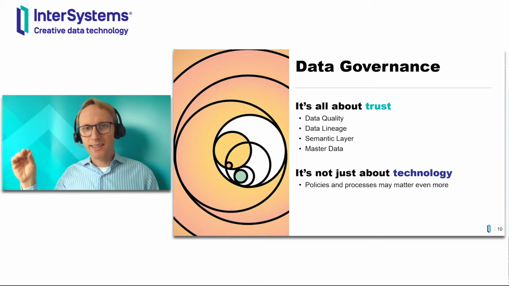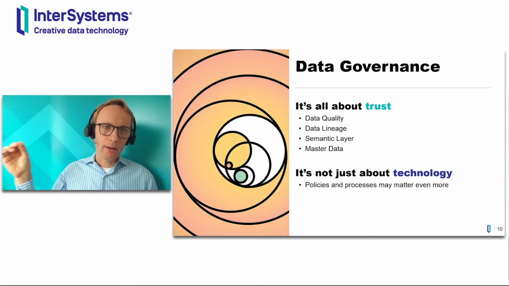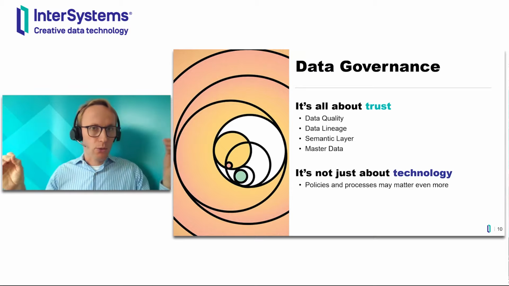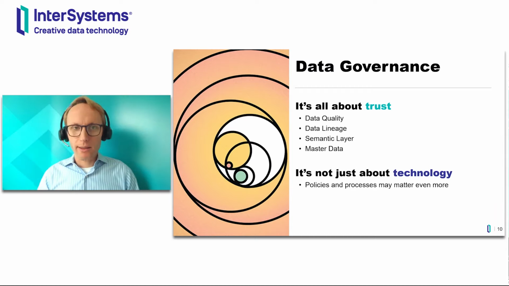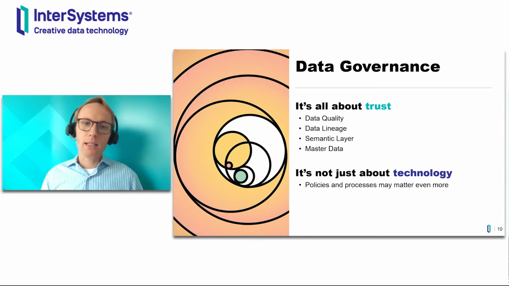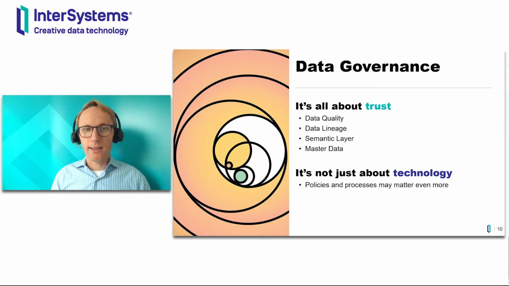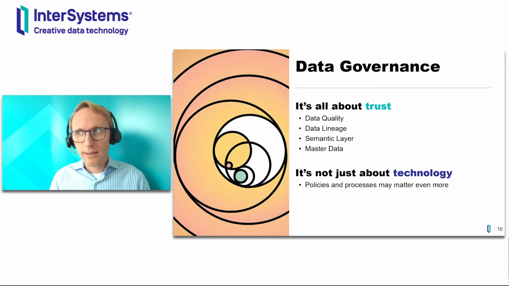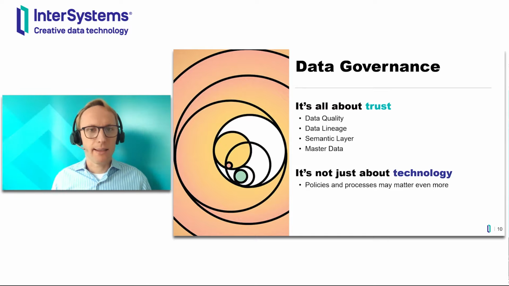Making sure that you can tie the pieces of information on the OLAP side to the source applications, however fragmented they may be today, that's what data lineage is all about. And that's getting even more complicated, of course, because of that fragmentation of data sources. A semantic layer is a little bit like a data catalog, a place where you can find out more details about your data.